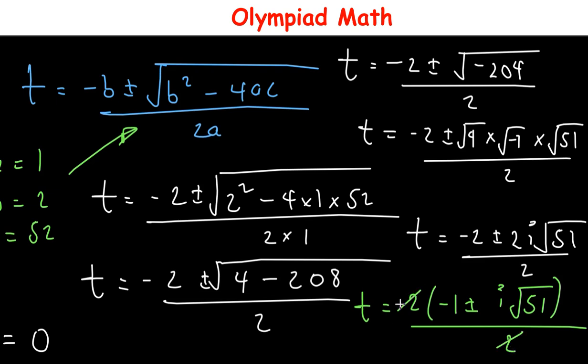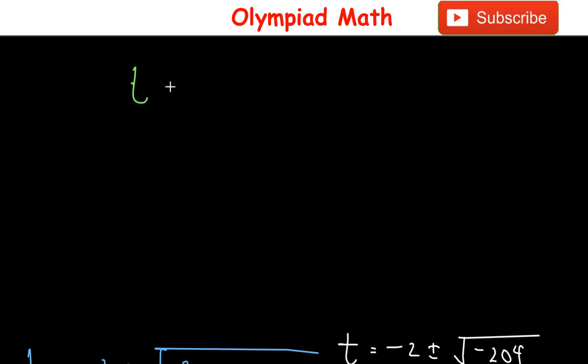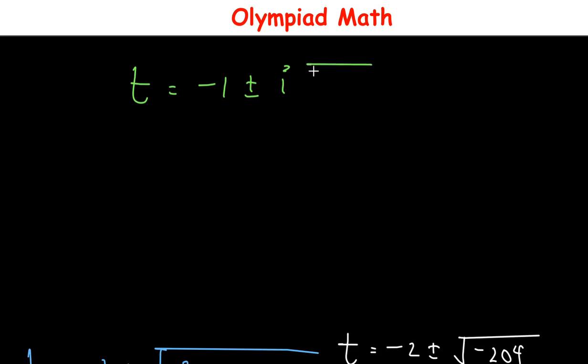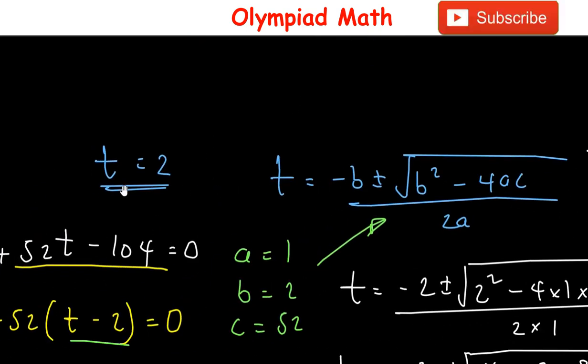We divide 2 by 2, and the value of t is minus 1 plus or minus i times square root of 51. So with this, we can get the second and the third solution for t. Meanwhile, the first solution of t is equal to 2.